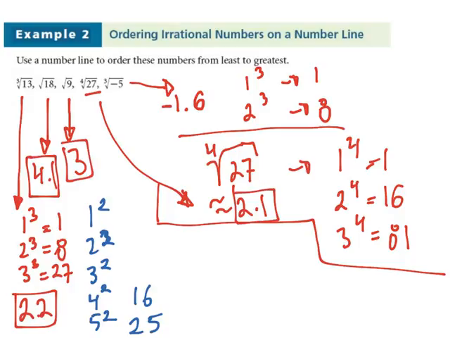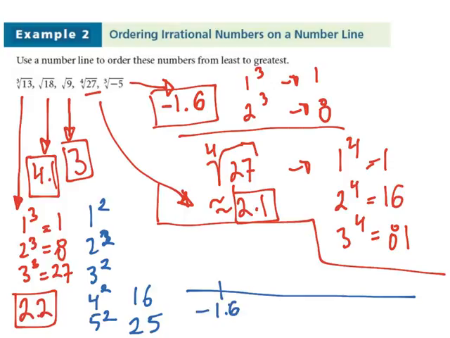And we're going to put this on a number line. So we know that negative 1.6 is to the left. Then the next smallest one is 2.1, then 2.2. Don't forget the 3, and then the 4.1. And I'll just recopy what these are without approximation.